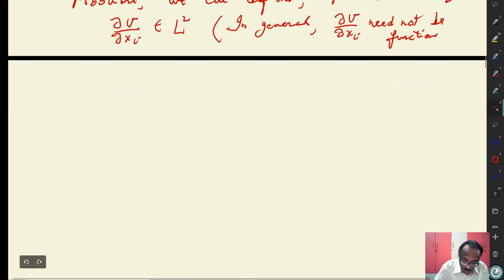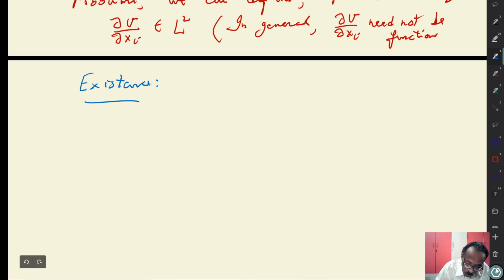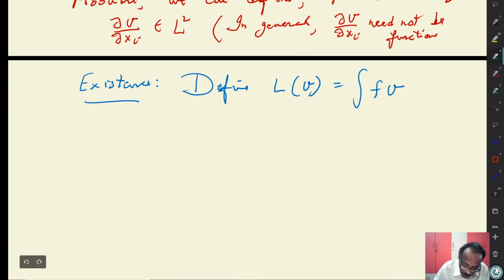So now we can show that with this you can have existence, and of course uniqueness also. Define LV equal to the integral of FV, and then the modulus of LV for all V in X, the completion of C1 naught of omega bar with respect to that space.